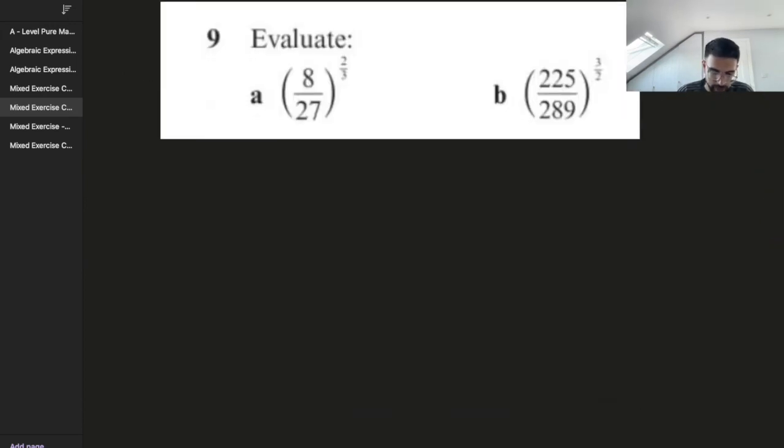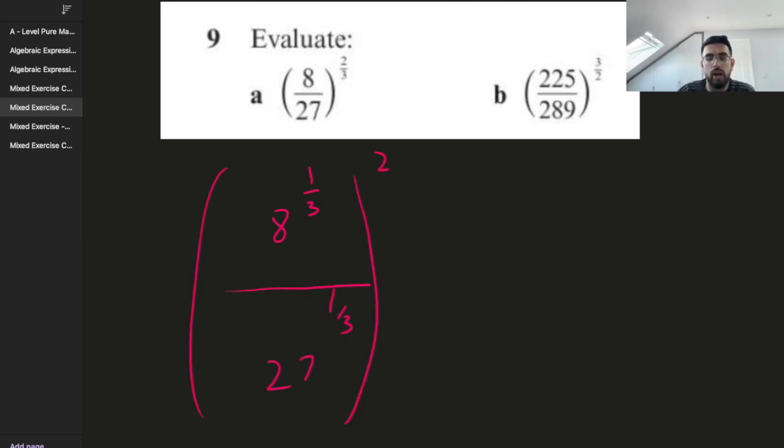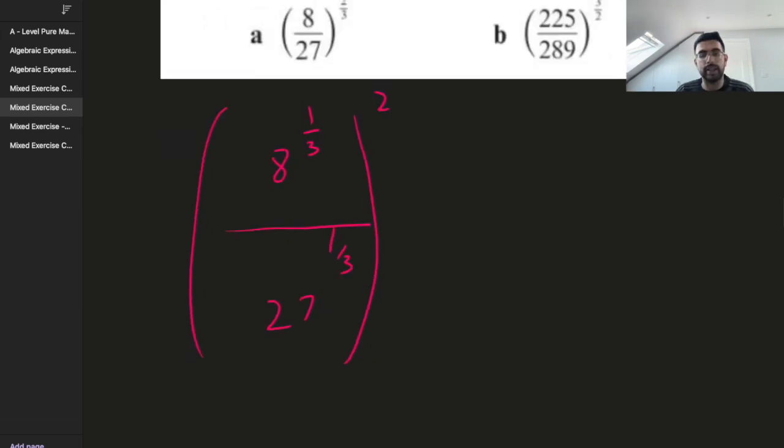Evaluate the following terms. Hopefully this should be nice and straightforward. So with this, I'm going to make sure I cube root everything first. So with my 8, I'm going to raise that to the power 3, and 27, I'm going to raise that to the power 3, and then I'm going to square everything. So by doing this, I know it's absolutely huge.